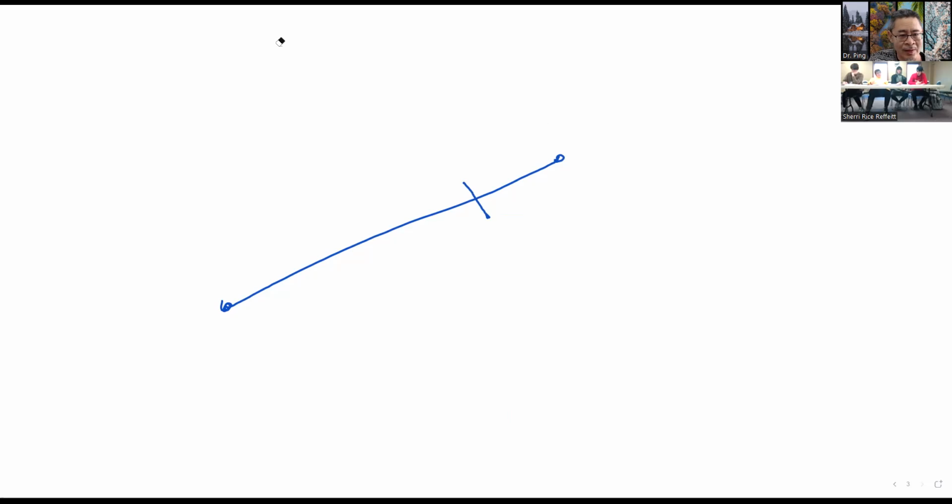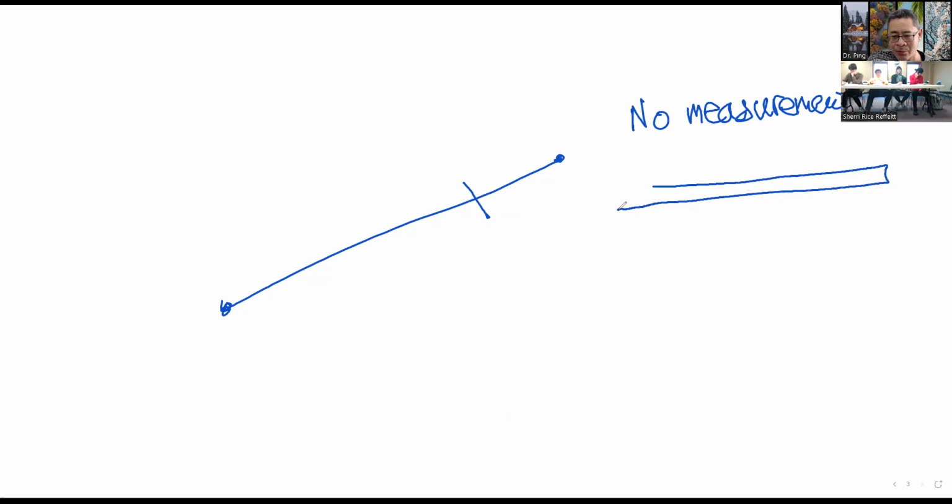How do we do that? If you look at it, all you have is a straight line and the compass. So there is no way for you to measure. And the very important thing in Euclidean geometry is there is no measurement, because our straight edge has no marker. It just draws a straight line. That's all it can do.